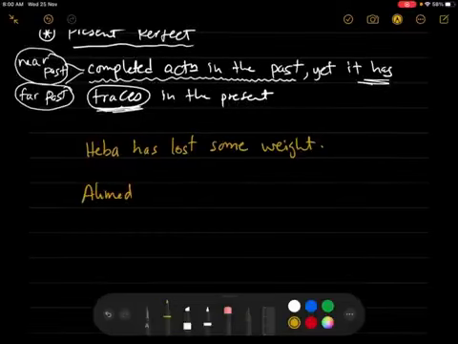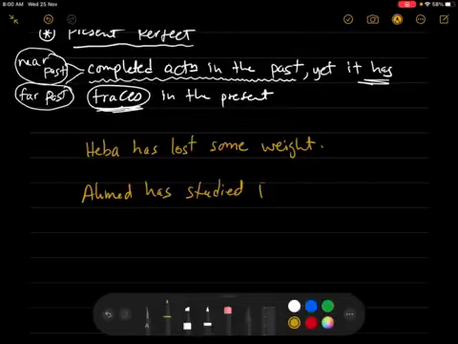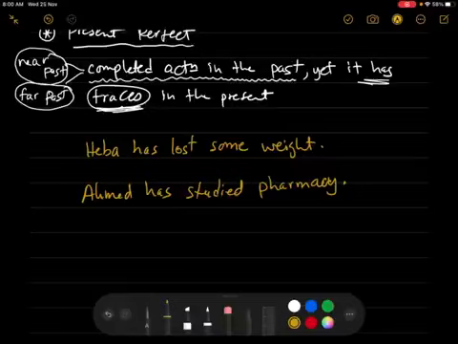When I say Ahmed has studied pharmacy, it means the action of studying pharmacy was done by Ahmed in the past, but in the present there may be traces of this action, maybe in the form of memories or some experience he has because he studied pharmacy.